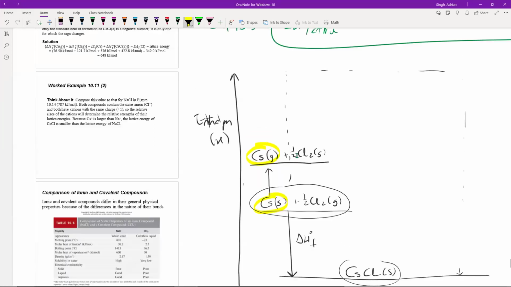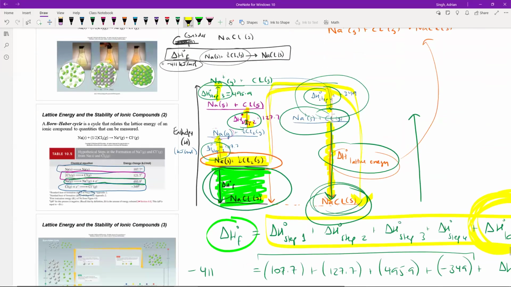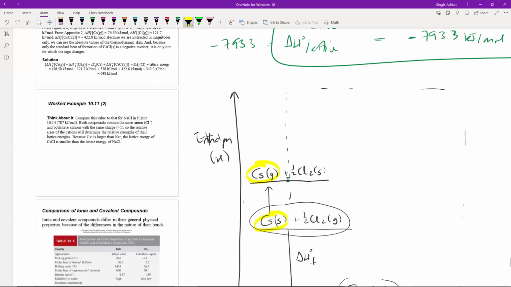The next step, we need to make the atomic chlorine, right? So we have diatomic chlorine here. We can take the Cl2 and convert it into chlorine in the gas phase. That's the next change that's occurring, and I still have the cesium in the gas phase from the previous steps.